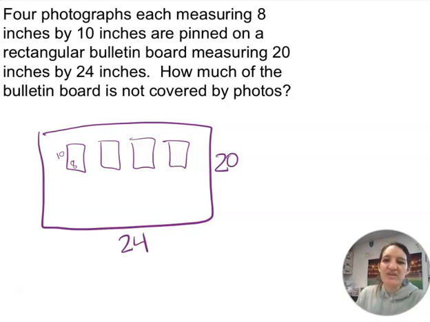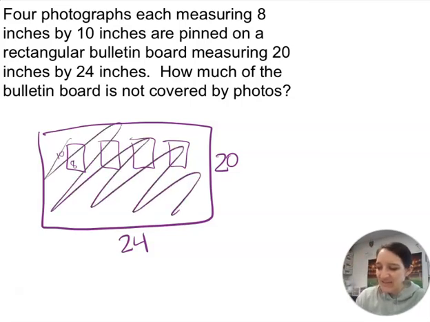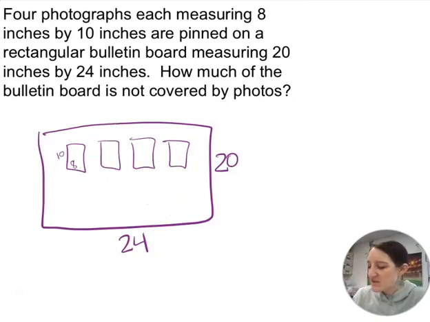So this for me might be another example of where it's easier to find all of it and then take away the photographs. So all of it would be 20 times 24, which would be 480 square inches.